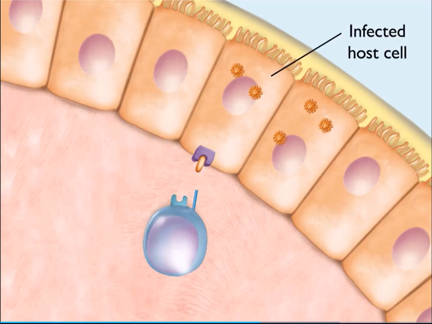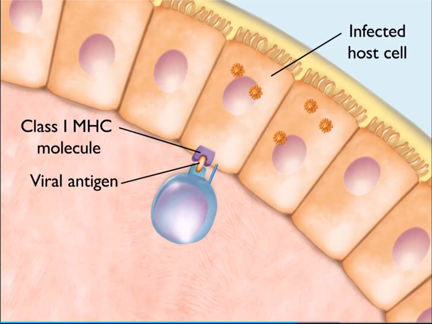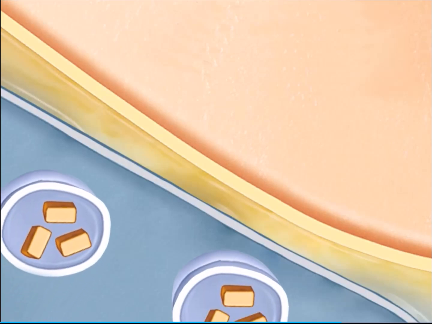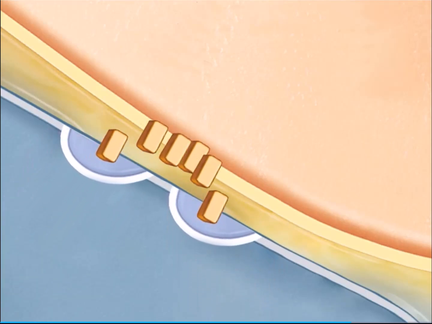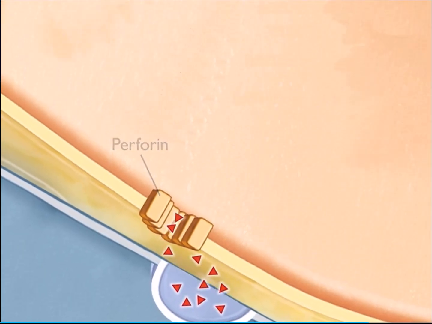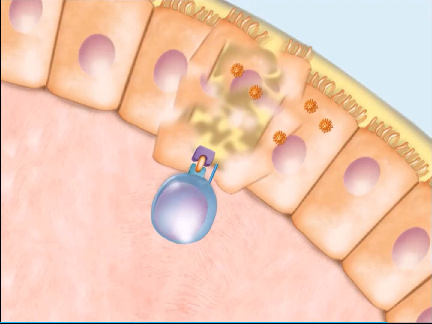Infected host cells display viral antigens on their class I MHC surface molecules. Cytotoxic T cells recognize these antigens using their T cell receptors and bind to the infected host cells. Like natural killer cells, effector cytotoxic T cells release perforin and then release enzymes into the cell. Here, the enzymes catalyze reactions that fragment the cell's DNA and lead to its death.